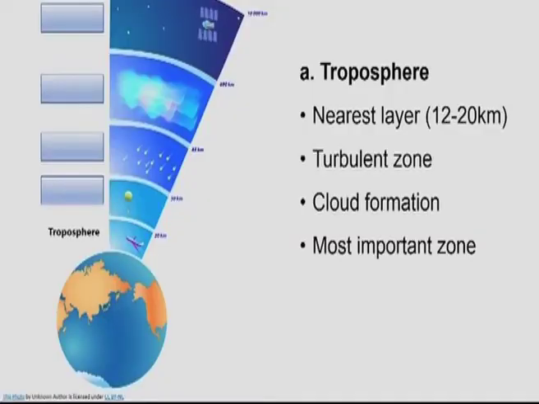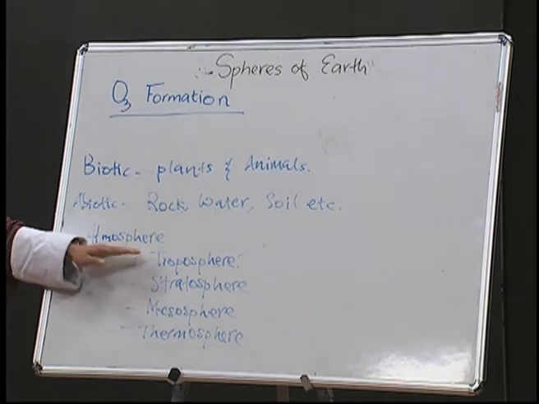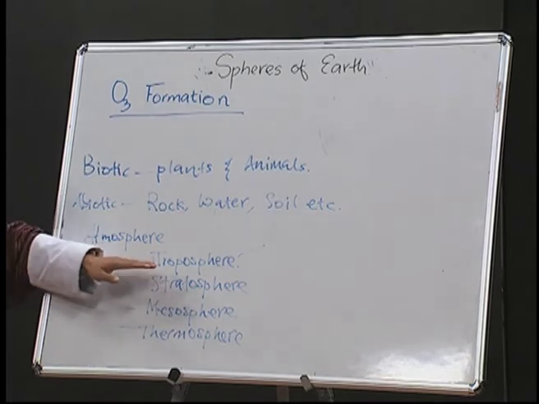It is also known as the turbulent zone, owing to severe wind activity and cloud formation taking place in this layer, troposphere. Now, this one is the most important zone for us because we derive necessary oxygen and nitrogen from this layer.